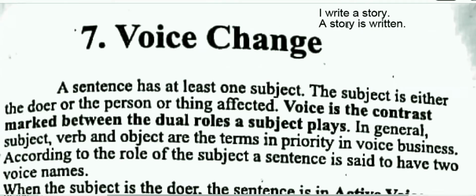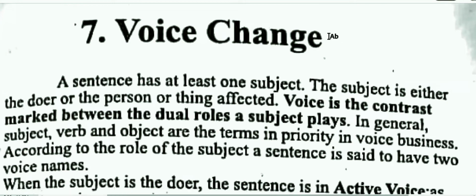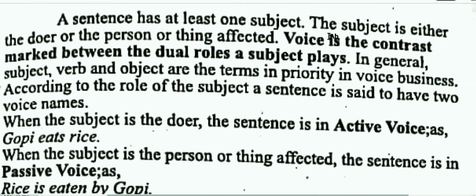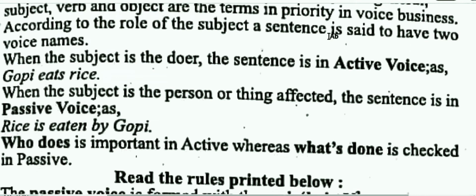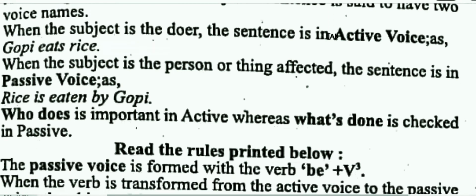Now, when the subject is the doer, the sentence is in active voice. Remember, I write a story. I is the doer, I does. She writes a story.